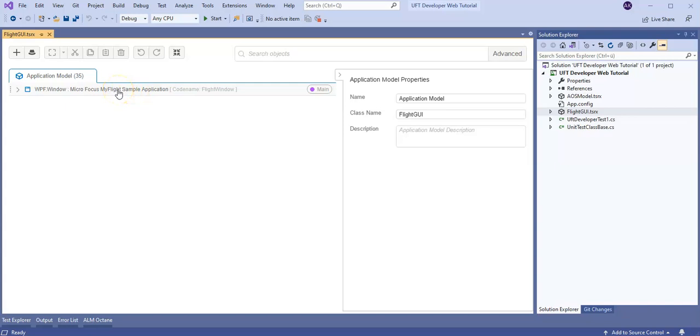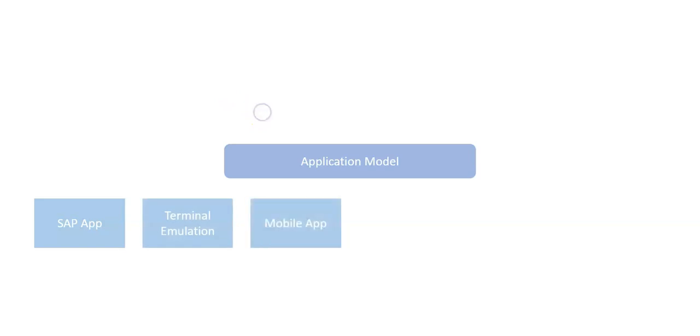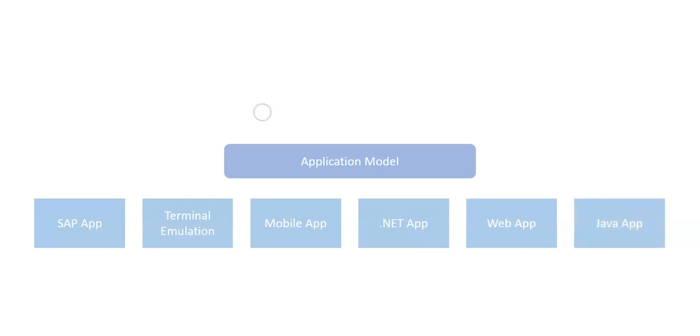So what is the use case here? Let's take a look at a slide. Basically, I create application models for the different applications I would like to automate, like SAP terminal emulation. I have mobile applications, .NET, web applications, Java applications, also Windows applications, Windows Presentation Foundation.